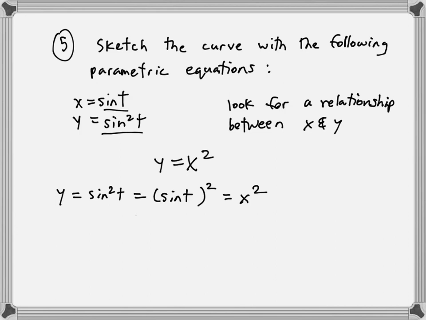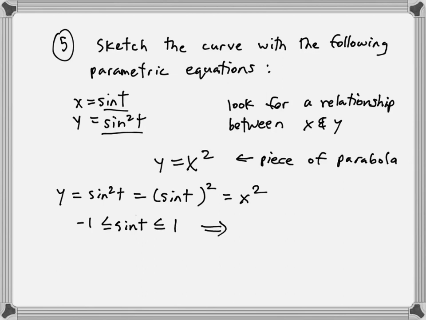So what does this mean? This means that what we are dealing with is a piece of the parabola. Now I'm writing a piece of the parabola because it may be the whole parabola, it may not. We need to examine this further. Okay, this one, something interesting is going to happen, okay? Because I want you to notice something. We know that sine of t, for example, always sits between -1 and 1.